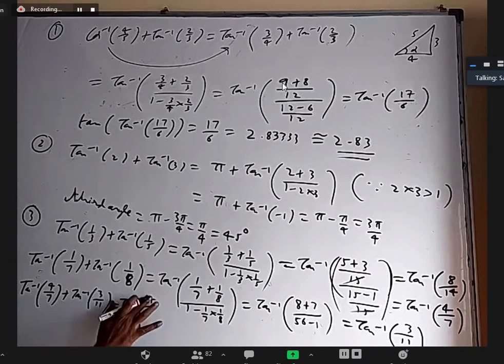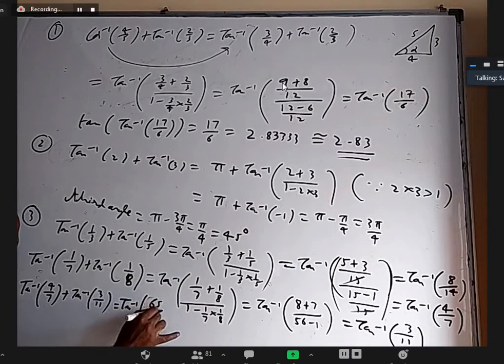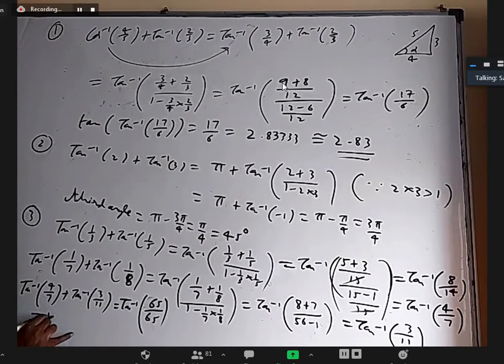If you simplify properly according to the formula, 44 plus 21 by 65, which is 1, which is pi by 4, which is 3.14 by 4, which is approximately 0.78.